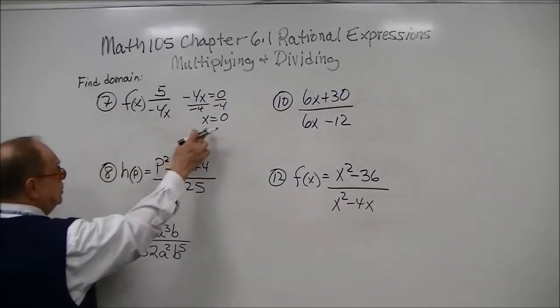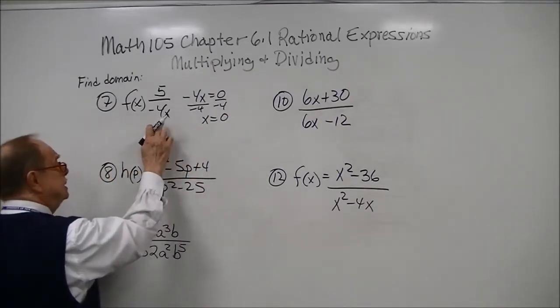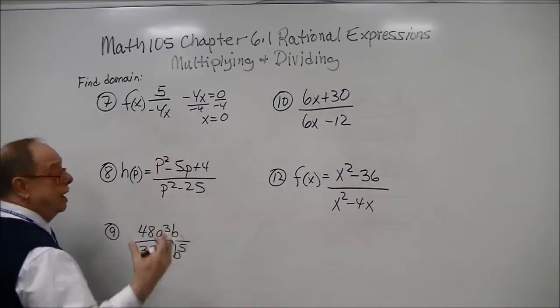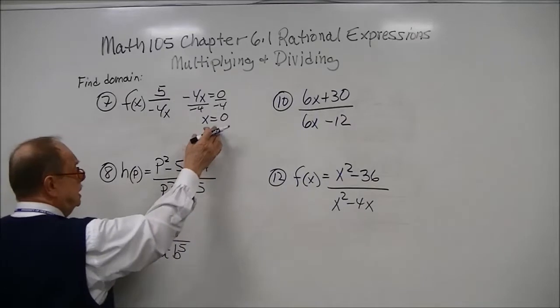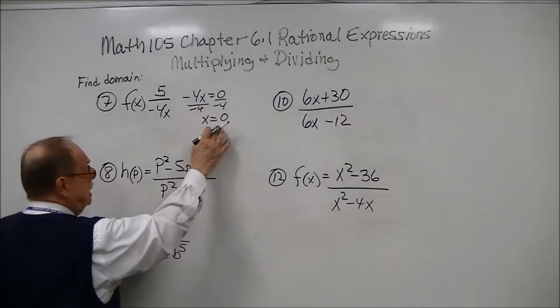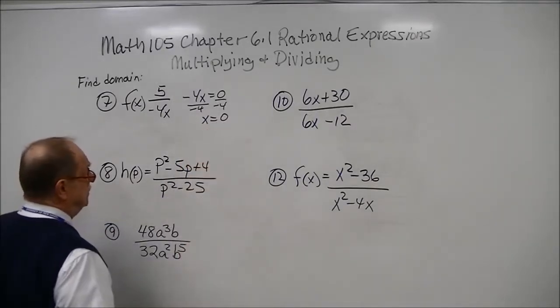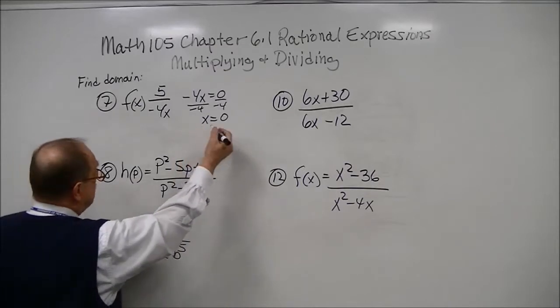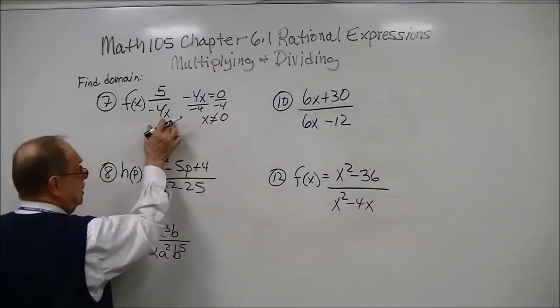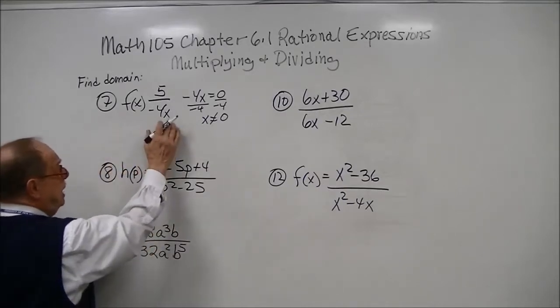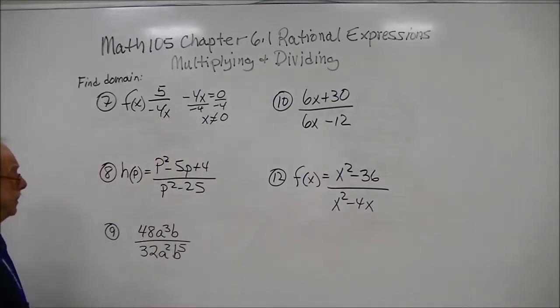So if x were 0, this denominator would be undefined. So we cannot include the possibility that x would equal 0. So one way of indicating it is says x cannot be 0 in the domain of that value of x.